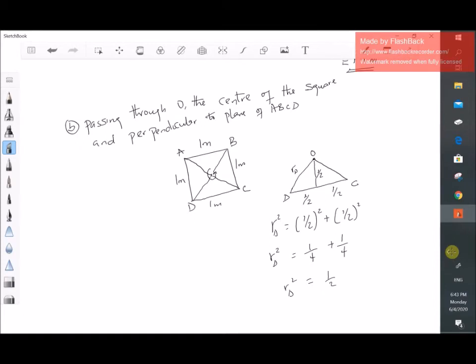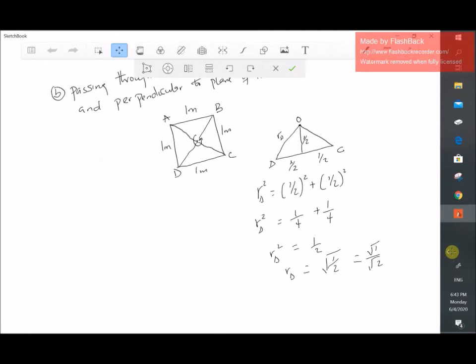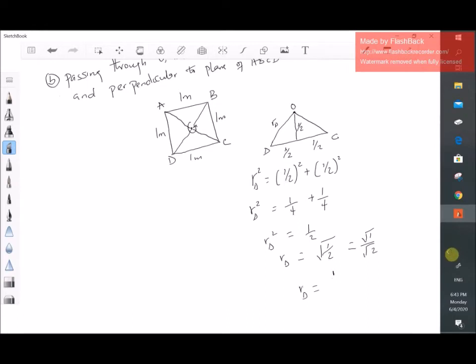We take the square root of both sides, RD equal to square root of 1 over 2, which is the same as root 1 over root 2. And guys, please note that in math, root 1 is the same as 1, so this is 1 over root 2.